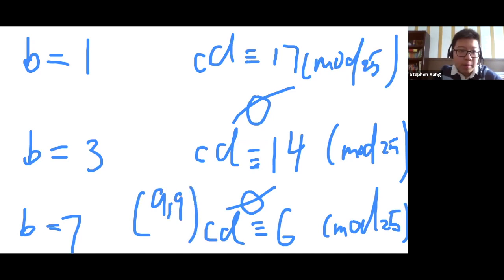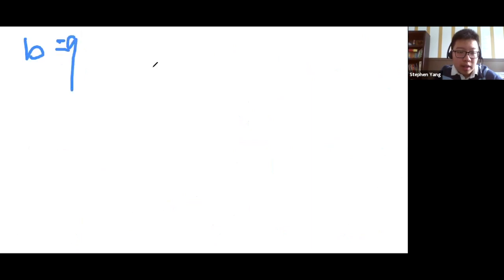And then next up, B is equal to 9. That means CD is congruent to 13 mod 25.